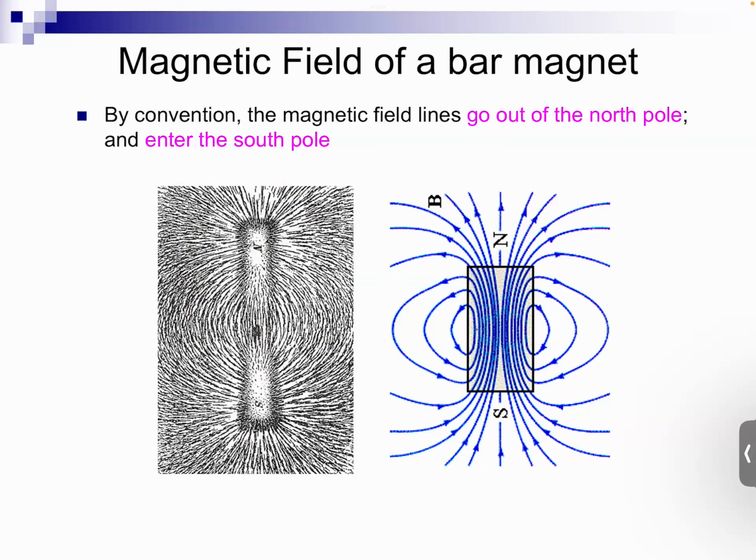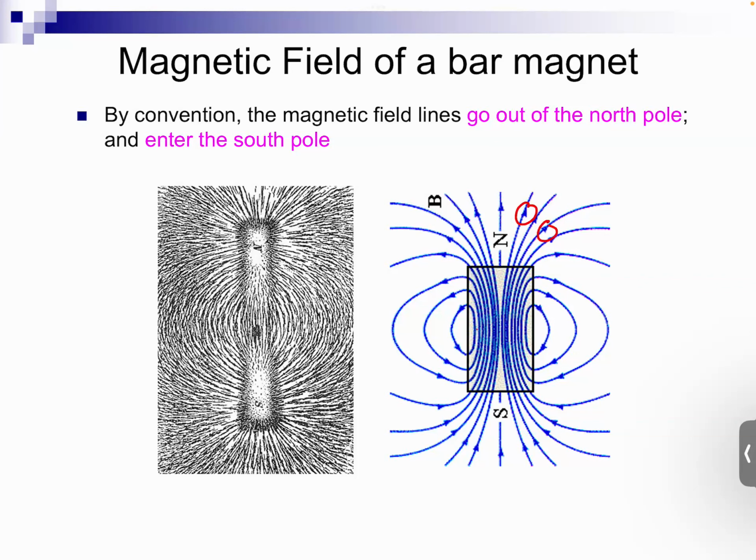But of course, the iron filings don't have arrows, right? So by looking at them, we just see that they arrange themselves, but the iron filings themselves do not tell us that the magnetic field lines go from the North Pole to the South Pole. They don't have arrows like these here.